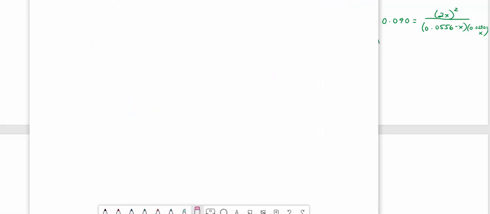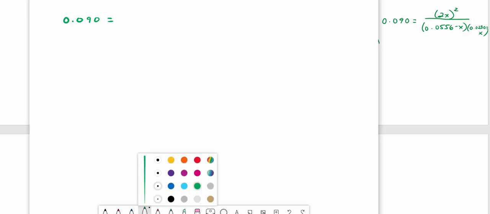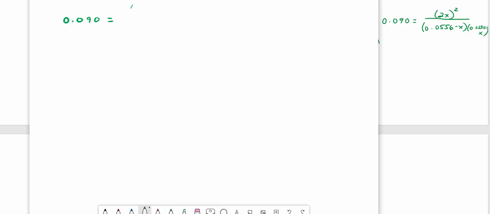So I'm going to multiply both sides by my denominator so that I end up with 0.090 times my denominator, and I'm going to leave it in this form.